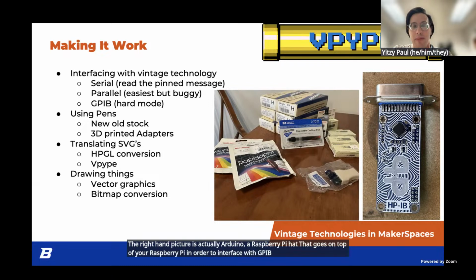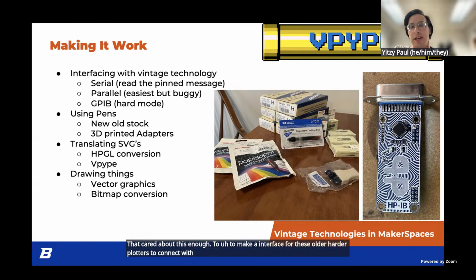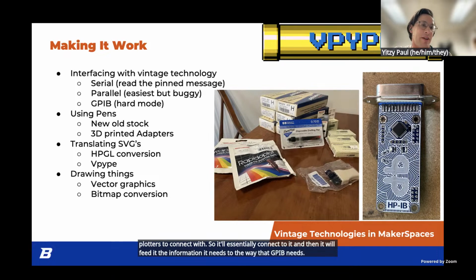That was made by a single person that cared about this enough to make an interface for these older, harder plotters to connect with. So it'll essentially connect to it, and then it will feed it the information it needs the way that GPIB needs it fed, which is a little different.